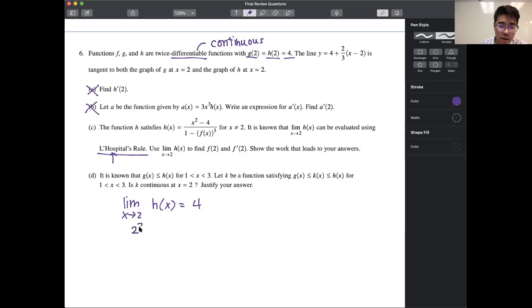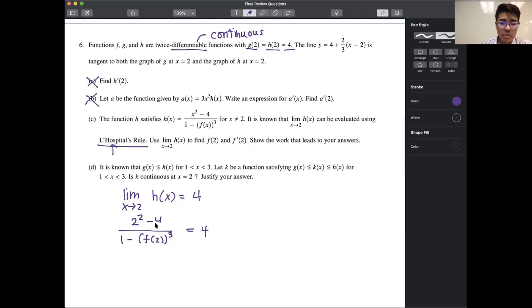So we get 2 squared minus 4 over 1 minus f of 2 quantity cubed, and it should equal 4. What's the problem though? Well, 2 squared minus 4 is 0, so 0 can't equal 4. So that means we're probably going to get indeterminate form. That's the only way the limit could equal 4.